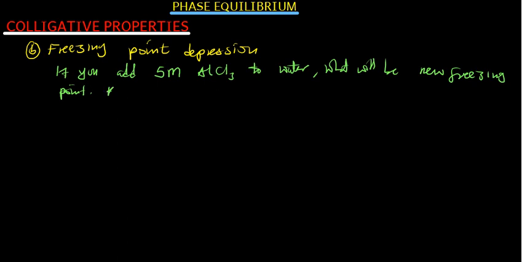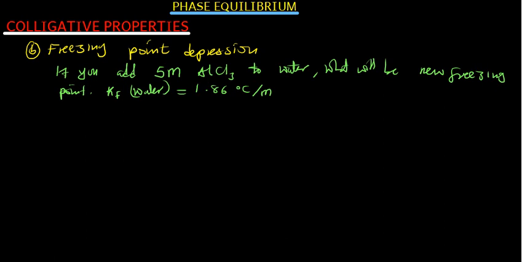We know that the molal freezing point depression constant for water, Kf, is a constant and is always equal to 1.86. This is given in degrees Celsius per molal. How do we calculate this?